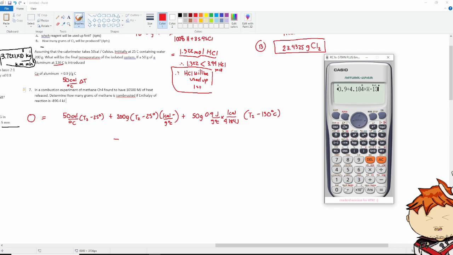I'm going to do that in parentheses so we can solve for x. Right? 29.33. I'm going to double check.